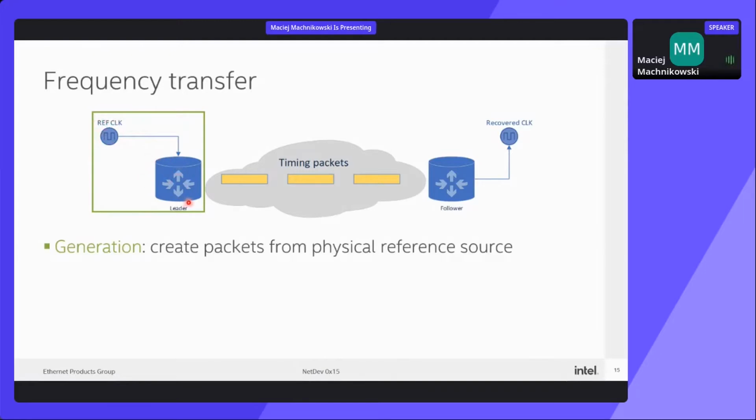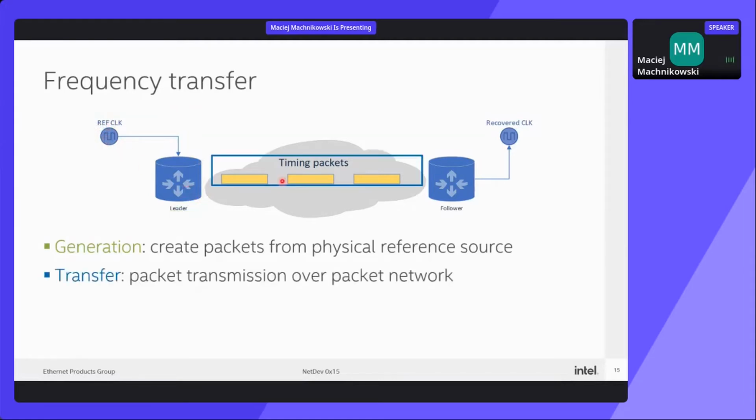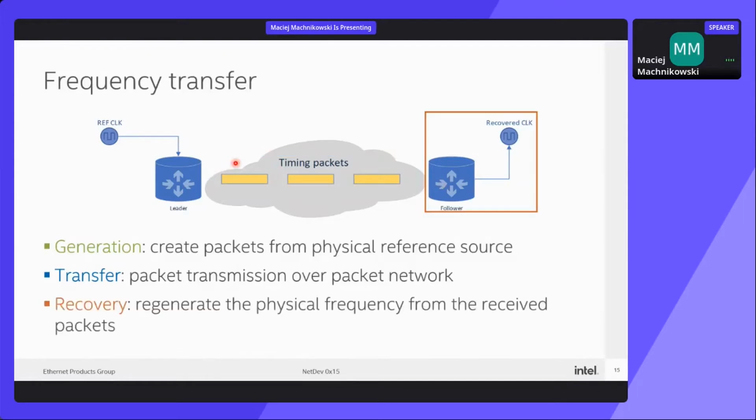And then we need to create packets that are actually carrying information about this physical source. Then we have the transmission part, the transfer part, where the packets are transmitted over the packet network. And in the end, we have the follower side and the recovery stage, where we try to regenerate the physical frequency from the packets that we received from our network.